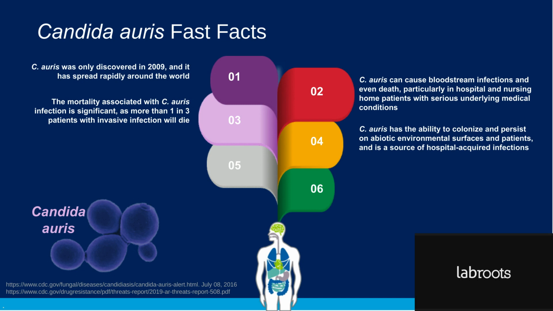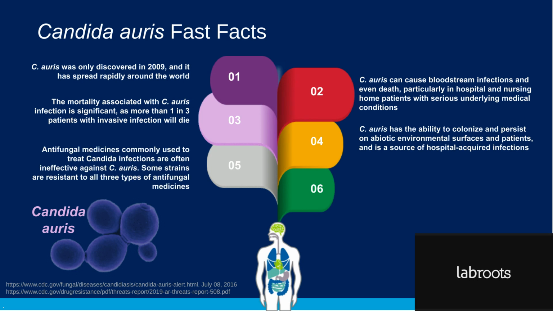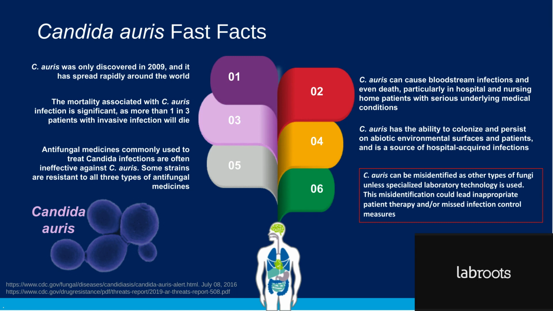To add to the gravity of this pathogen, it is also very resistant to treatment, and some strains are resistant to all three classes of antifungal medications: azoles, echinocandins, and amphotericin B. And then the last leg of this threat is the fact that this organism is not very easy to identify in the laboratory unless very specialized testing and technologies are used.